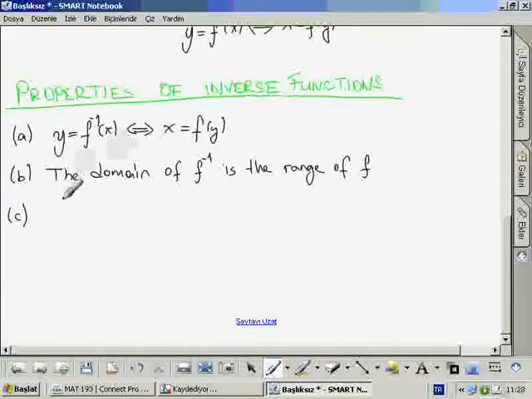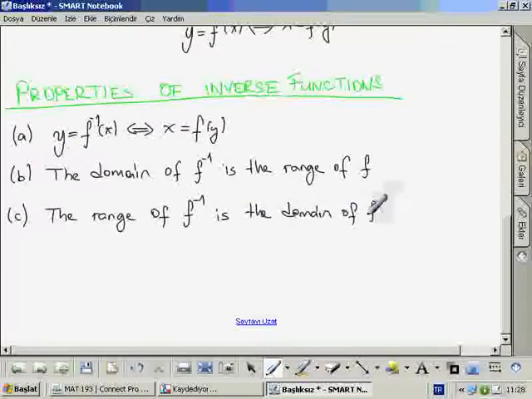And C, the range of the inverse function is the domain of the f function.